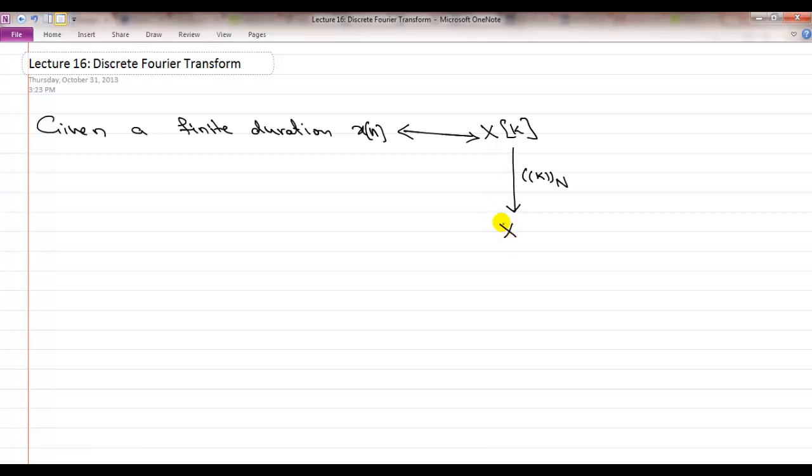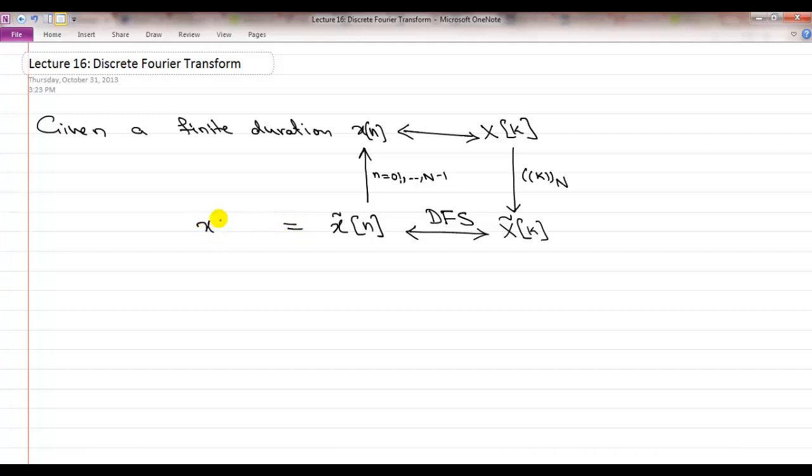So you have X tilde of k, and all the operations effectively are happening on this discrete Fourier series. Corresponding to these discrete Fourier series coefficients, you have a periodic sequence x tilde of n. And this x[n] just corresponds to one period of that periodic sequence, so n equal to 0, 1, up to N minus 1.